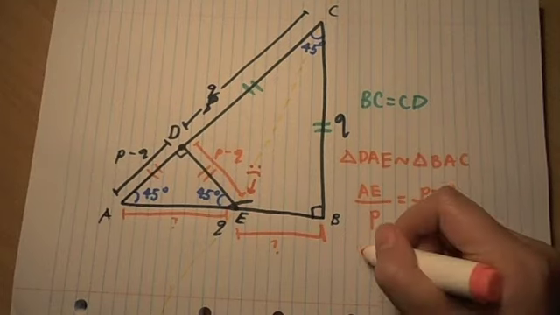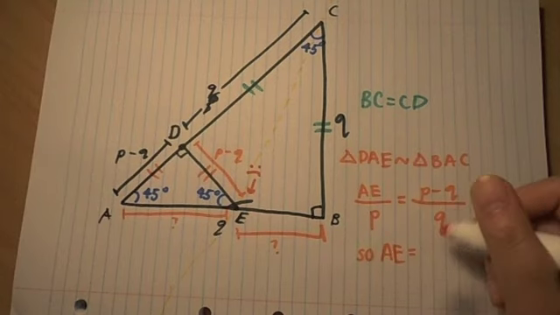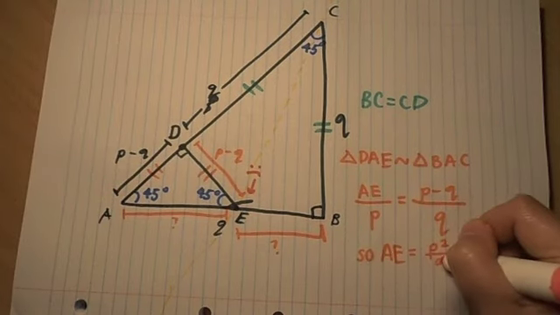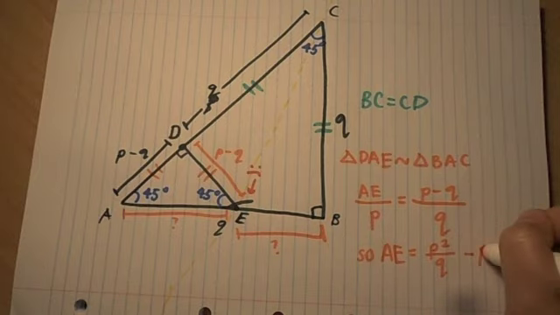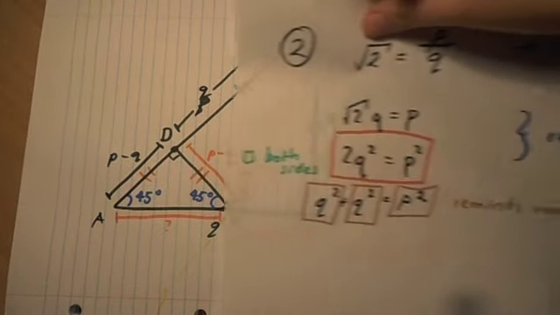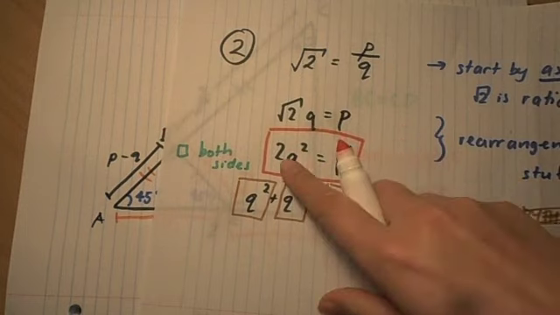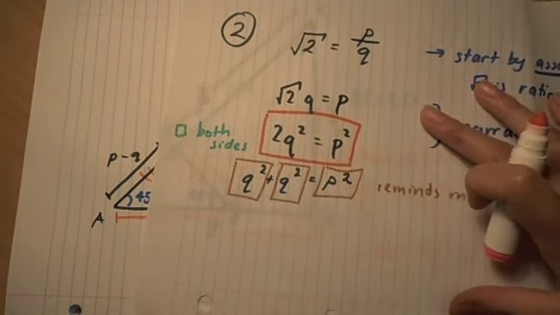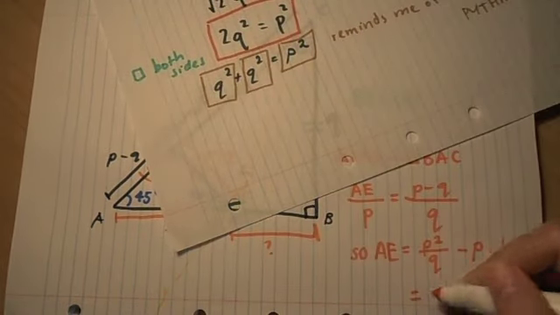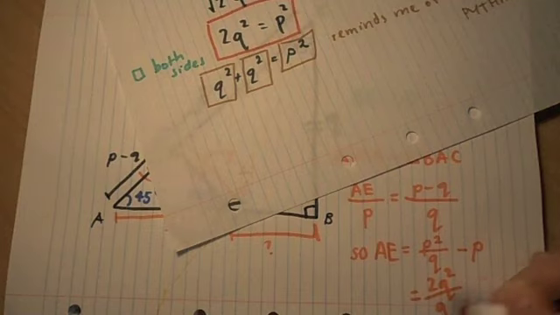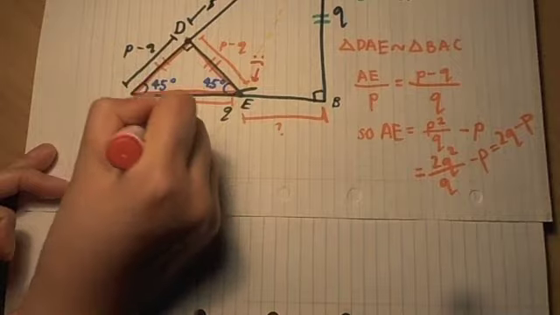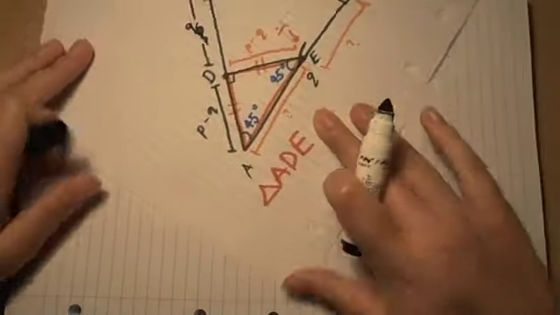So if you rearrange everything, you get AE equals p squared over q minus p. From what we did before, we found out that 2q squared equals p squared. So if we substitute this back into what we have, AE just equals 2q squared over q minus p, which equals 2q minus p.